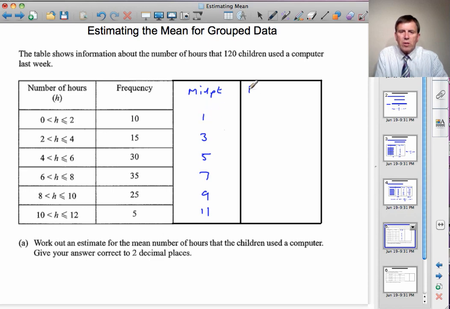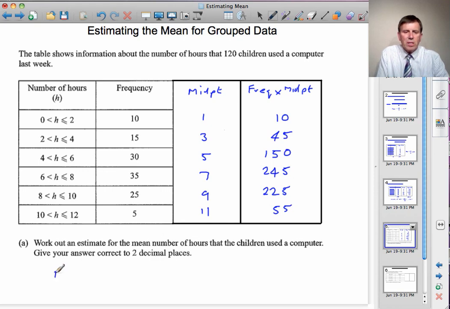So let's write in here frequency multiplied by midpoint. 10 times 1 is 10. 15 times 3. 10 3s are 30, 5 3s are 15, so that's 45 altogether. 30 times 5, 3 5s are 15, add a 0, that's 150. 35 times 7, well, 5 times 7 is 35, put down the 5, carry the 3. 3 7s are 21, and 3 makes 24, so it's 245. 25 times 9, 5 9s are 45, carry the 4, 2 9s are 18, and 4 makes 22, so that's 225. And finally, 5 11s are 55.